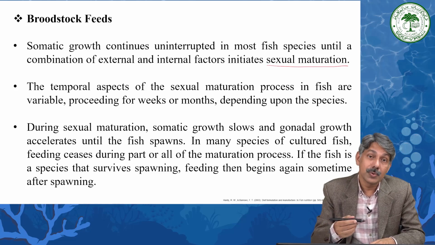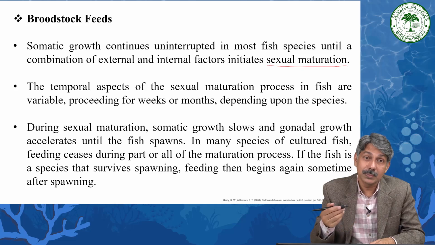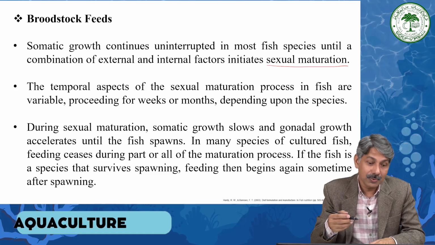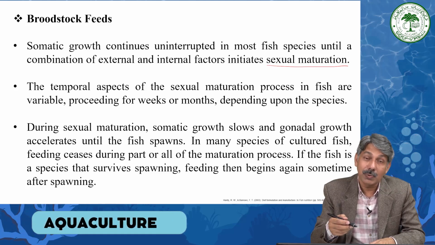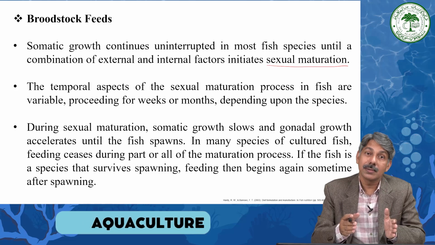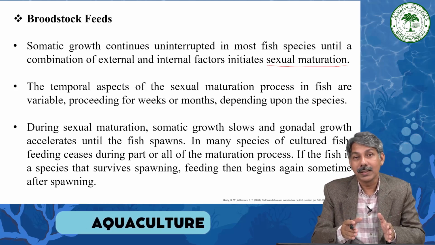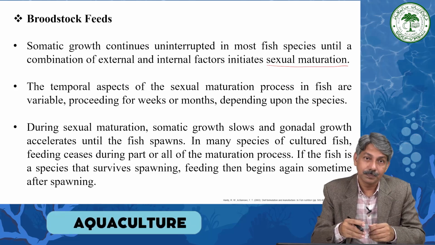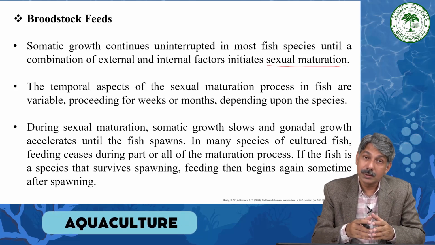Fishes are usually seasonal breeders, so the gonadal development will start at a specific time of the year. And when gonadal development starts, for example in Indian major carps, what will happen? The energy partitioning within the body, the priority of the partitioning or channelization of energy, changes.